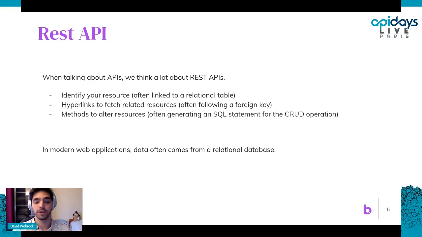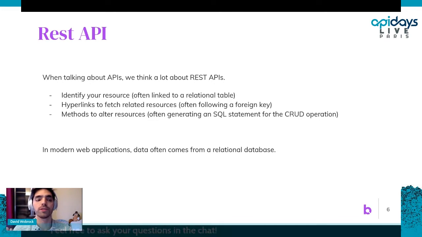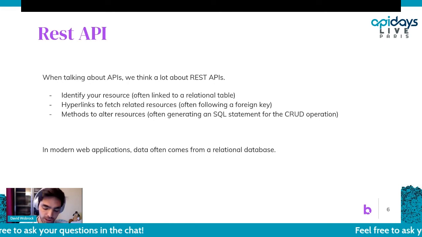And then you have methods that will alter the resources. It will generate different SQL statements: create, insert, delete, whatever. And you often use the HTTP verbs to represent these methods to alter resources, to do your CRUD operations. So this is the mainly used database for modern web applications.